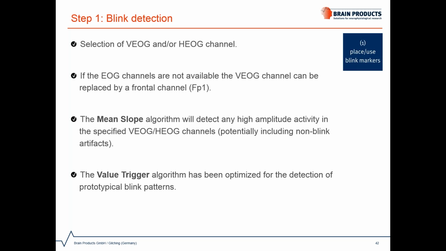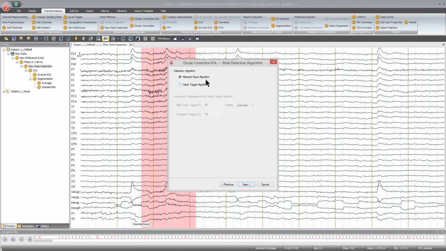Usually both of them work nicely, and we would just recommend to check what works better for your data. Okay, I go back, and so I will actually go now with the mean slope algorithm. These additional parameters down here you only have to enter for the value trigger algorithm, and they are of course explained in our user manual.